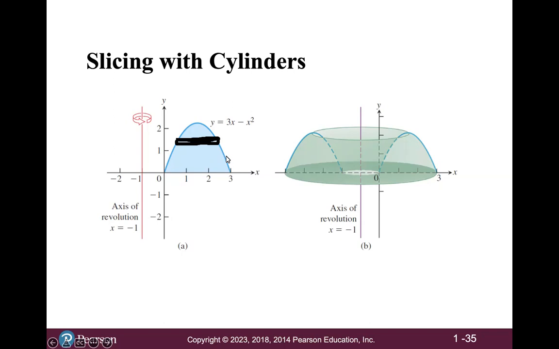And because this curve does not pass the horizontal line test, we would actually have to divide this into two curves through this line. So the left half of the parabola would be one function of y, and the right half would be another function of y. It would be pretty complicated. It turns out that it's much simpler to use what's called the shells method, which I'm going to explain to you now.